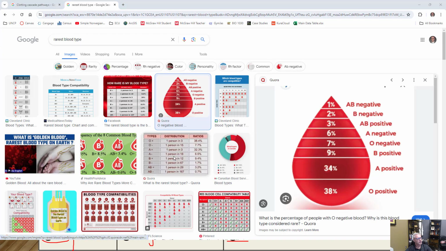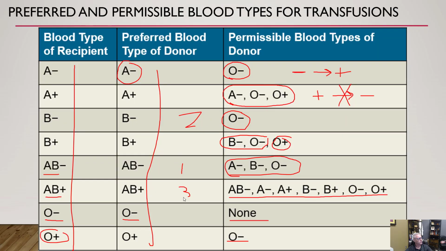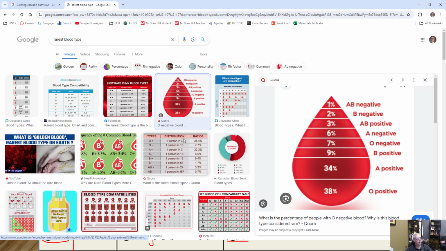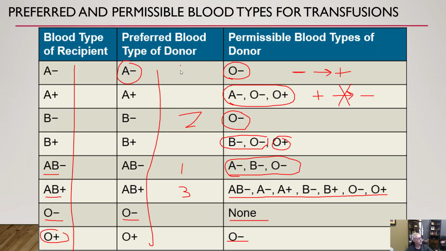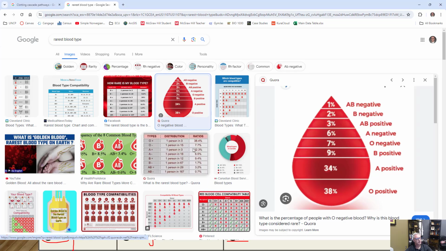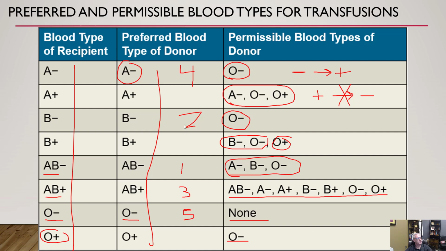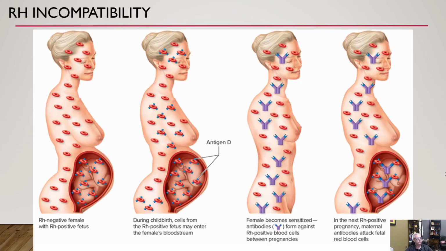Then AB positive, A negative, O negative, B positive, A positive, and O positive. Okay. All right. So now what do the positives and minuses mean?